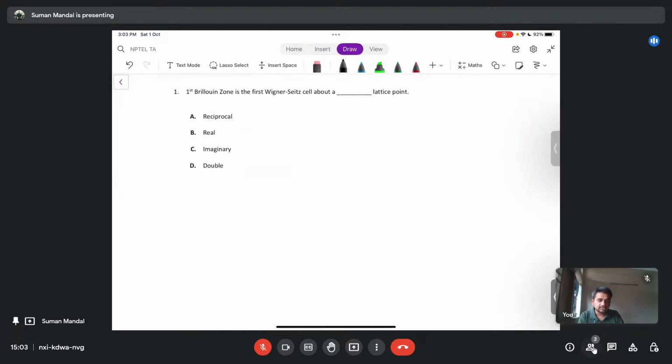The first question is: the first Brillouin zone is the first Wigner-Seitz cell about which lattice point? Reciprocal lattice point, real space lattice point, imaginary lattice point, or double lattice point.